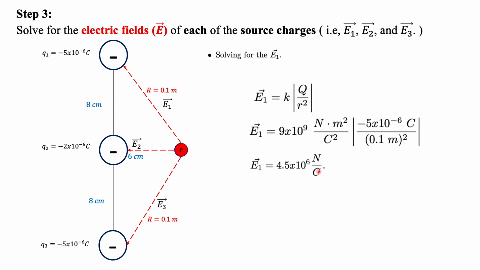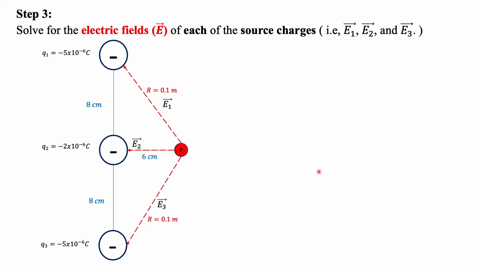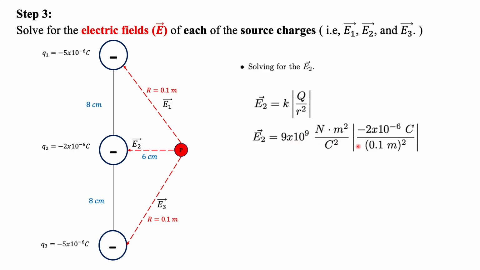Now the next step would be to solve for the electric field E2 due to charge Q2. So we do the same procedure. Recall that the magnitude of the electric field is just K times the absolute value of Q over R squared. And we're just going to substitute the values over here. So the source charge is 2 microcoulomb, so you have it here.